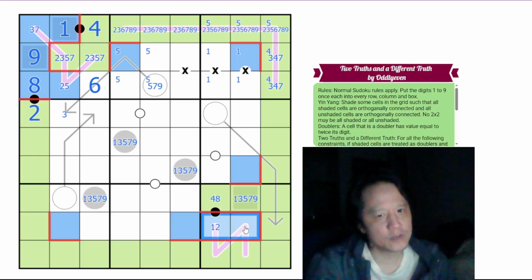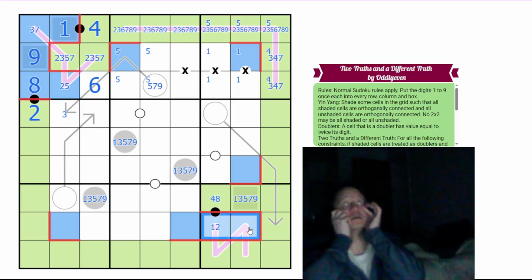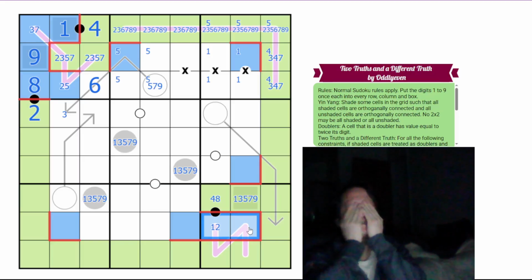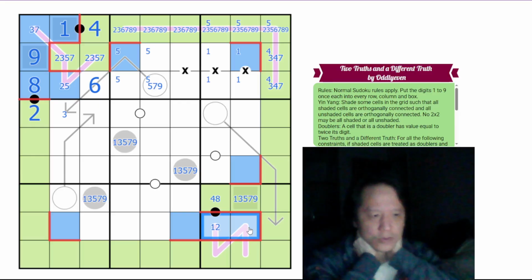You'd have to have two odd digits, so this would not be doubled. This would have to be 1 and 3, and then these would be doubled. But you can't have one doubled here then, which would mean we would have to have one here not doubled. So I think this has to be correct when blue is doubled.